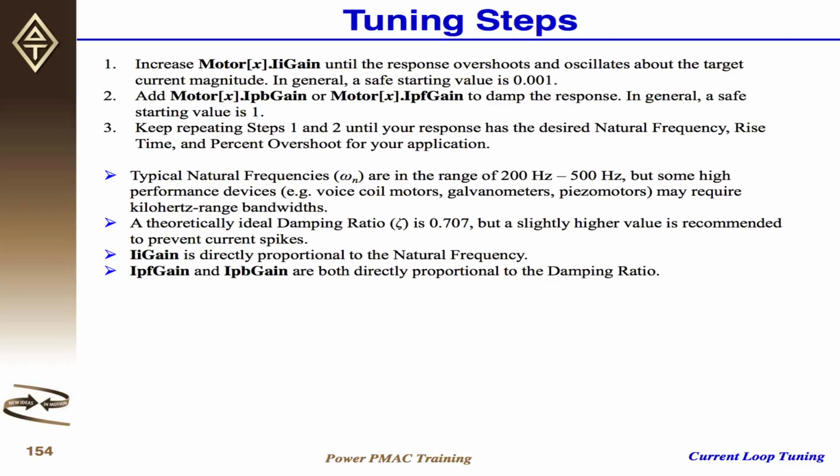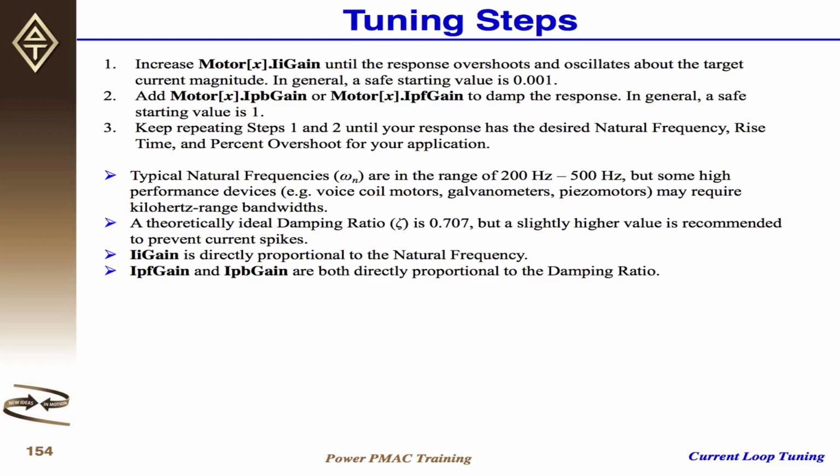And then you keep increasing your integral gain and your proportional gain until you reach the natural frequency that you desire. A good natural frequency target for most brushless motors is between 200 to 500 hertz. If you have a higher performance motor, though, like a galvanometer, then you'll probably aim for multiple kilohertz in your current loop.